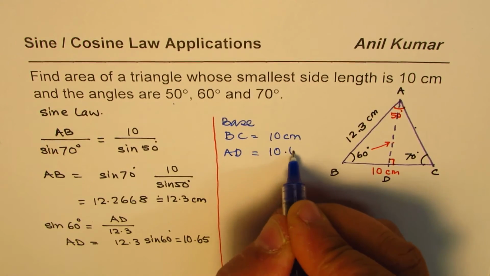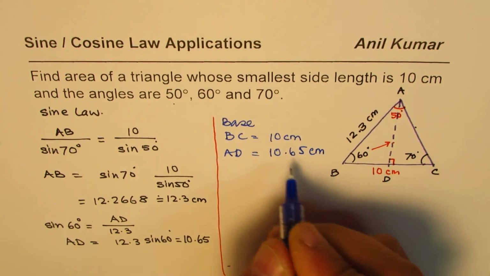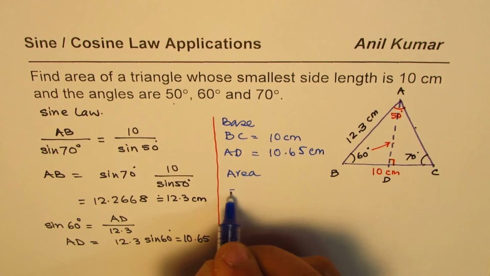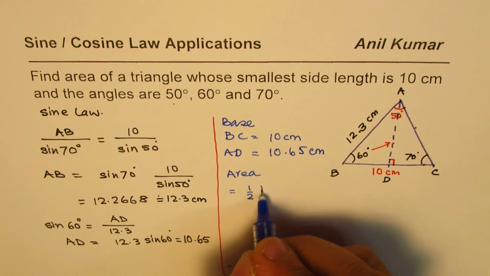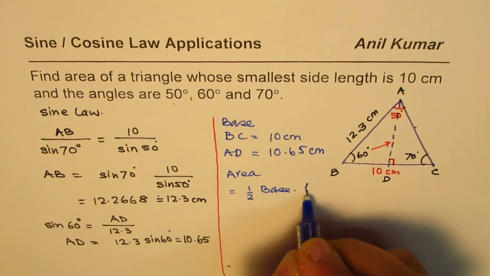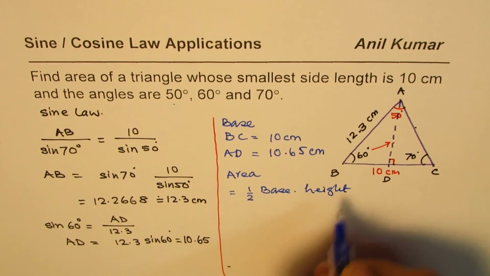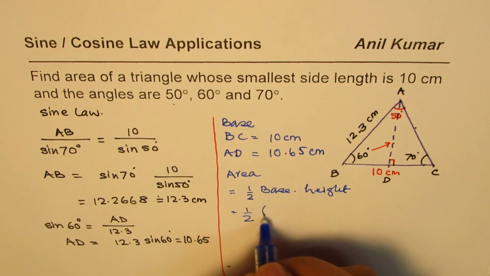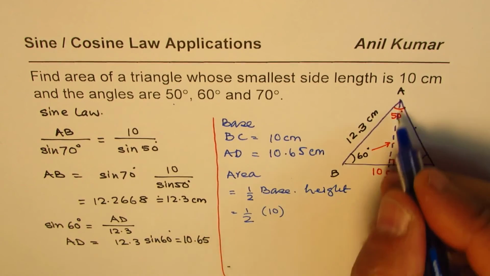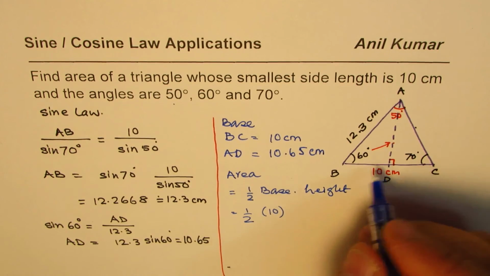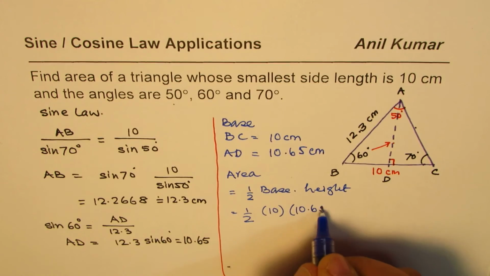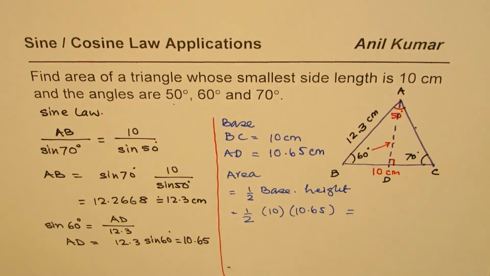AD is 10.65 centimeters. And so the area of the triangle will be equal to half base times height, which is half of the base BC, 10 centimeters, and the height AD, 10.65. So let's calculate this answer.